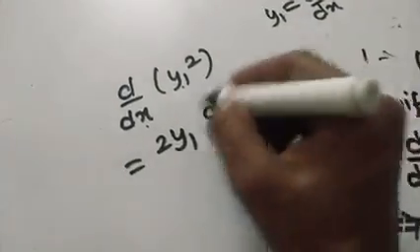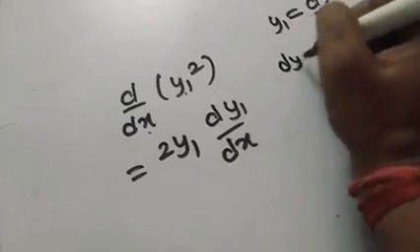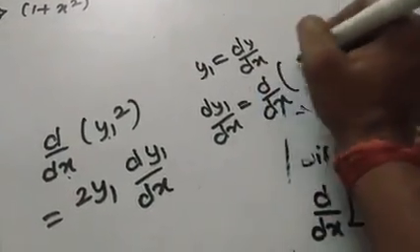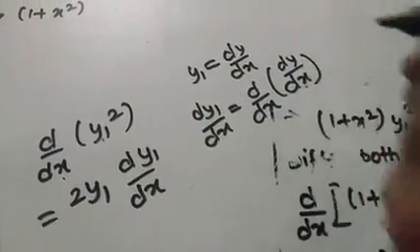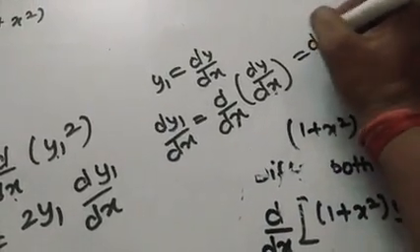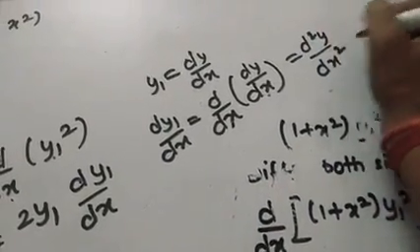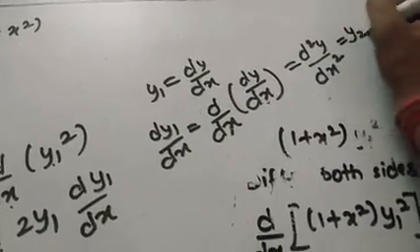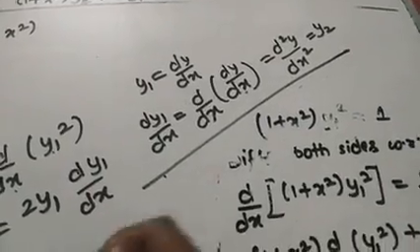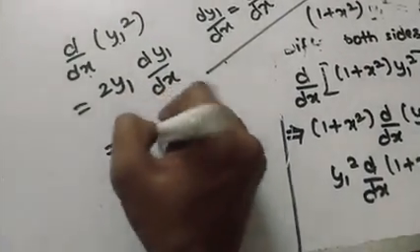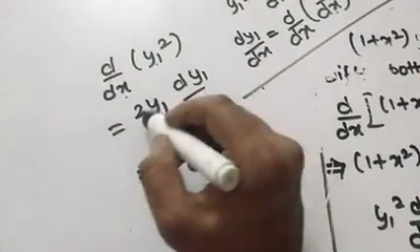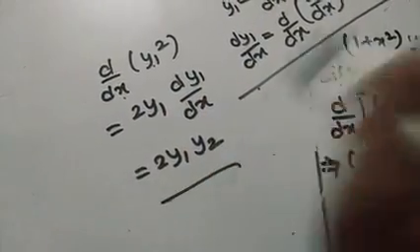And again differentiating this, that is d2y by dx2, or we can write y2. So d/dx of y1 square is 2y1 into y2.